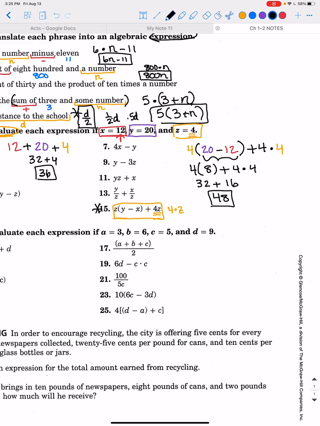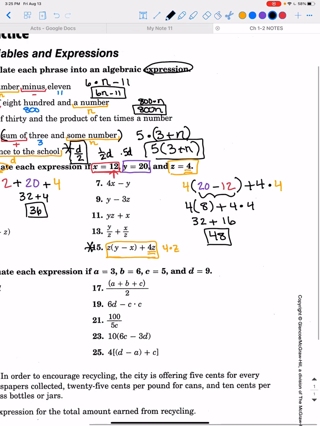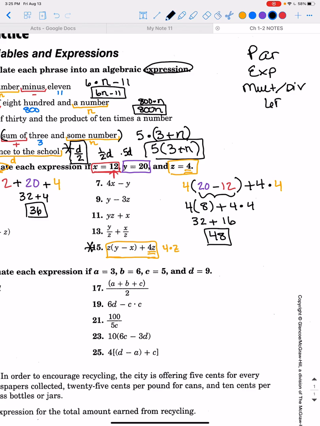So just as a reminder, PEMDAS is parentheses, exponents, and then multiplication and division are on the same level, which means if you have all multiplication and division to do, you do it left to right, okay? And then addition, subtraction are also on the same level. So if you have nothing but addition and subtraction, you do them left to right, okay?